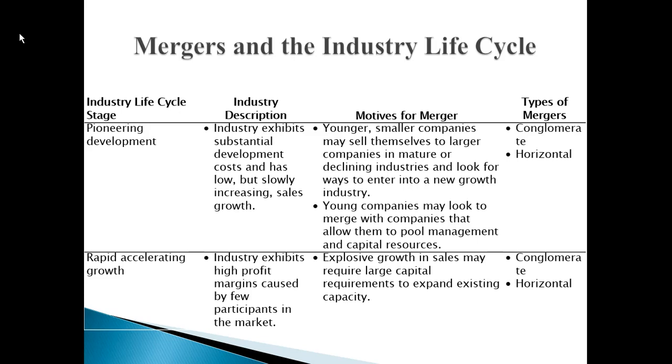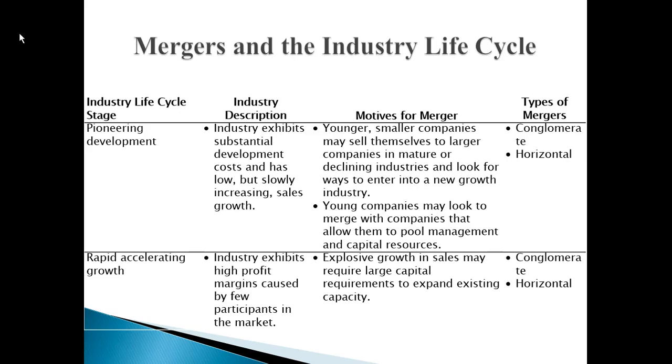The motives for mergers may be explosive growth in sales, which may require large capital to expand existing capacity. We said at this stage, the industry is growing at a high rate, and the sales demand is very high.